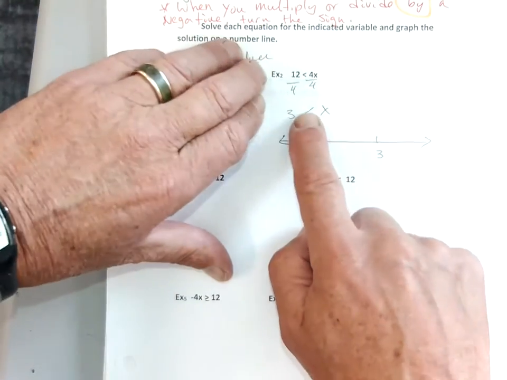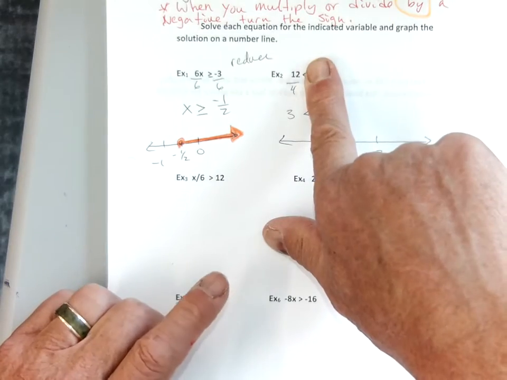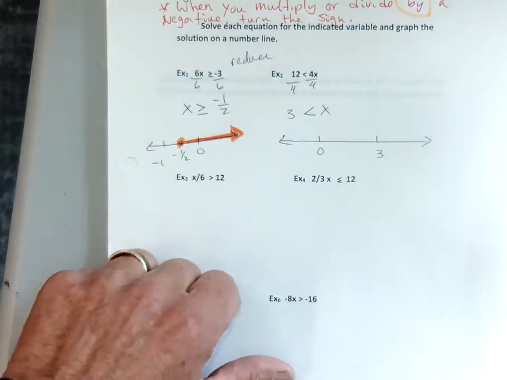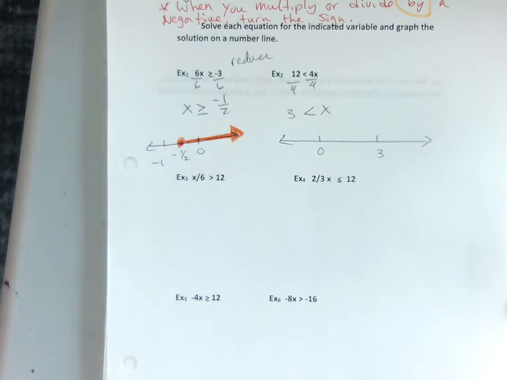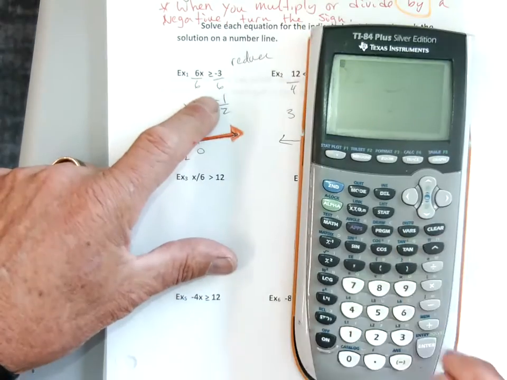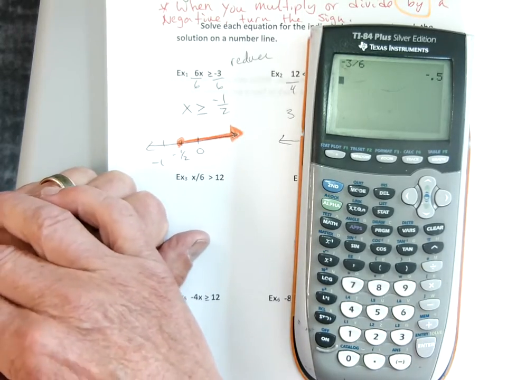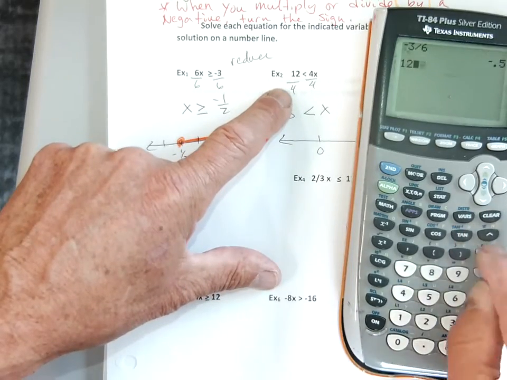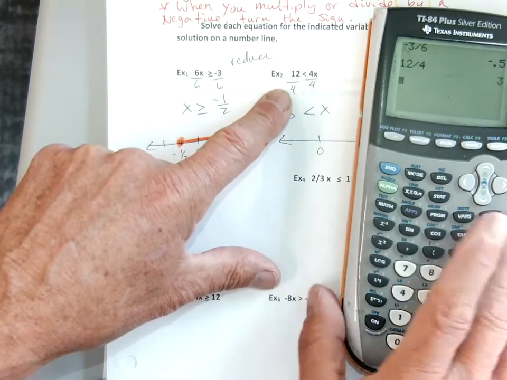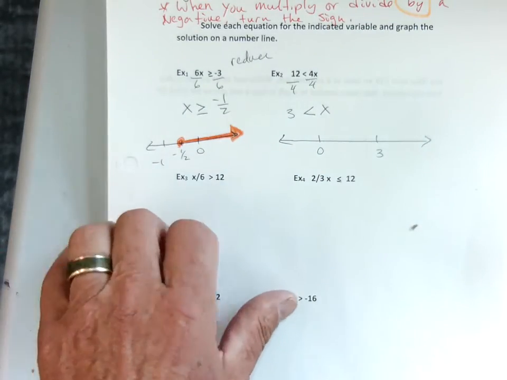If the top number is bigger, then it goes into it. How's that? And you can even, if you get confused, on a calculator, if you went negative 3 divided by 6, what do you get? It's like a decimal or 1/2, right? Or if you went 12 divided by 4, what do you get? Okay, how's that? Okay, good.